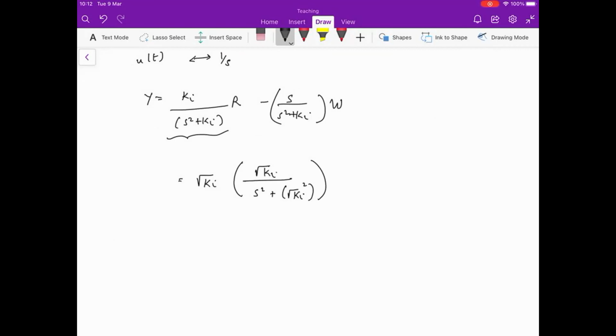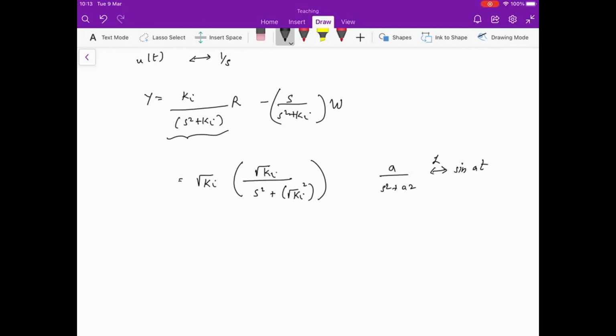This is because we want to make it look like a over s squared plus a squared, because we know that a over s squared plus a squared has the inverse transform of sine at.